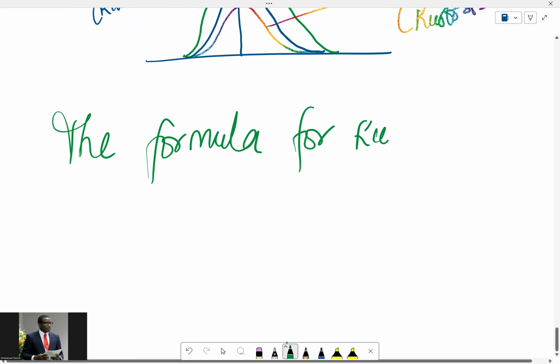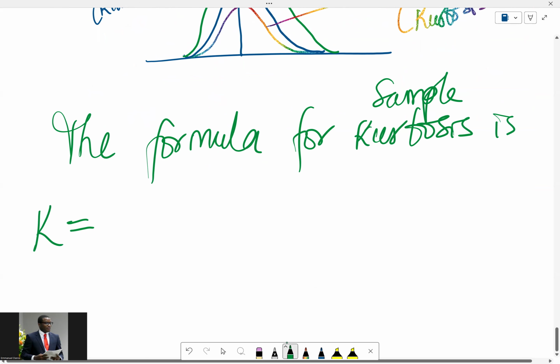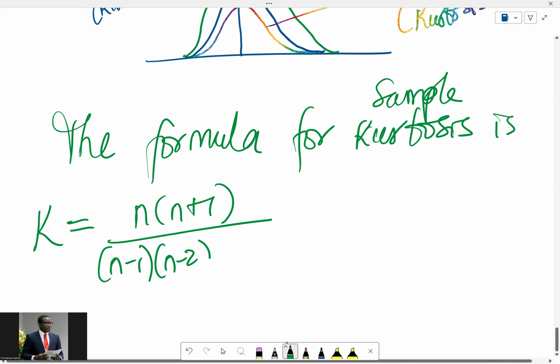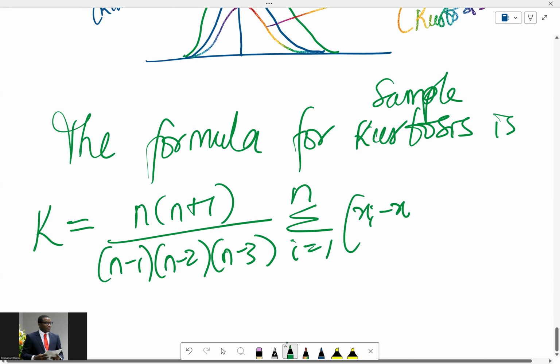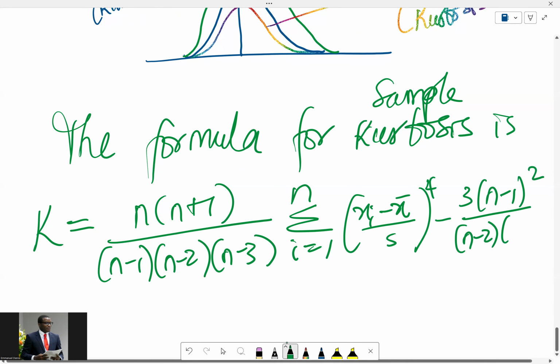for kurtosis, by the way, sample kurtosis, because there's also one for the population, will simply be K equals n into n plus 1 divided by n minus 1 into n minus 2 into n minus 3, summation from i equals 1 to n of (xi minus x bar) all over s, raised to power 4, minus 3 into (n minus 1) squared all over (n minus 2) into (n minus 3).